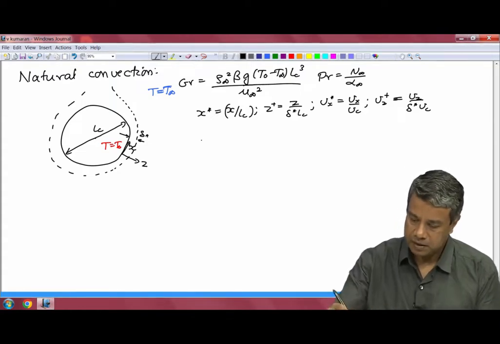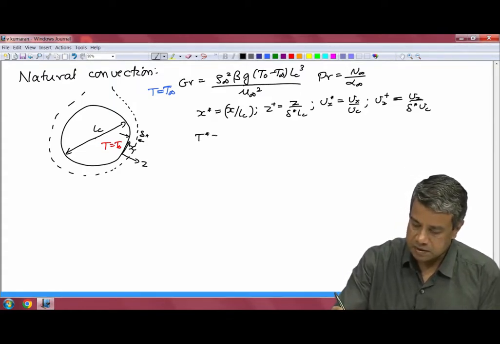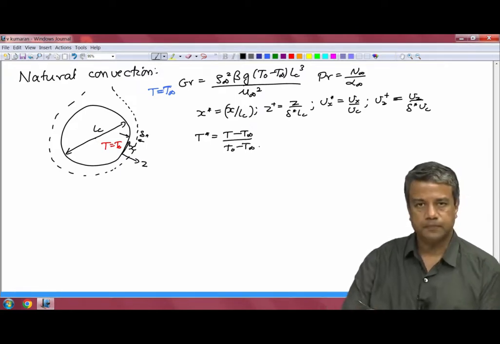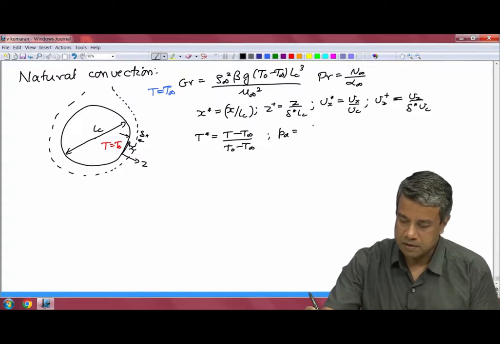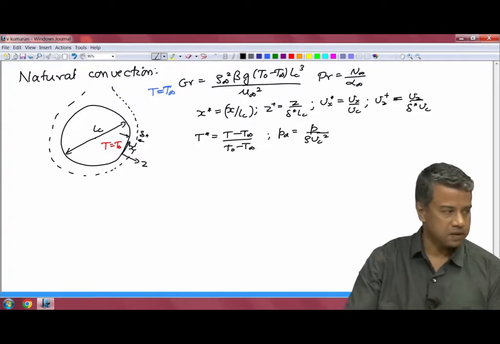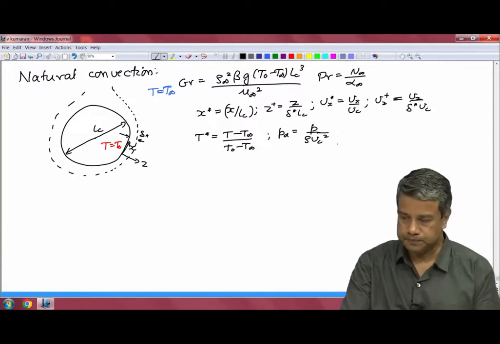The temperature scaling was T minus T infinity by T naught minus T infinity. And the dynamical part of the pressure was scaled by rho Vc square. So, these were the scalings that we had used.